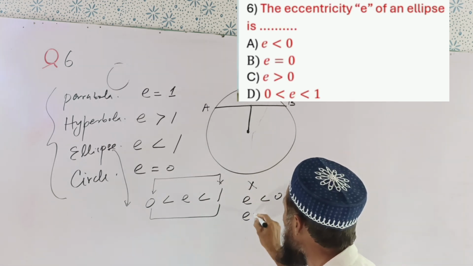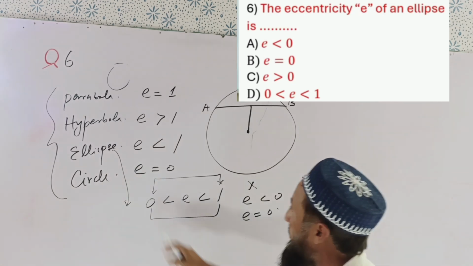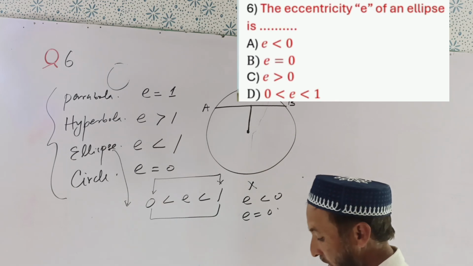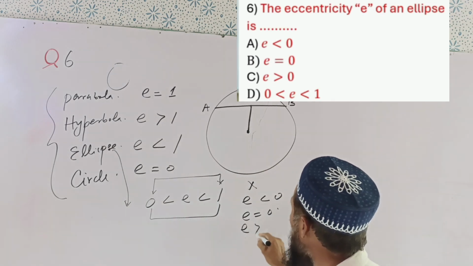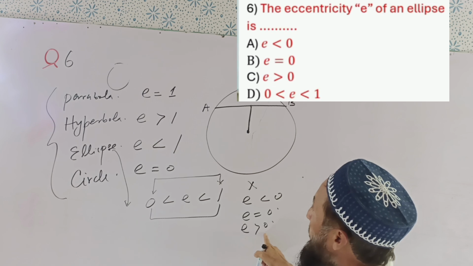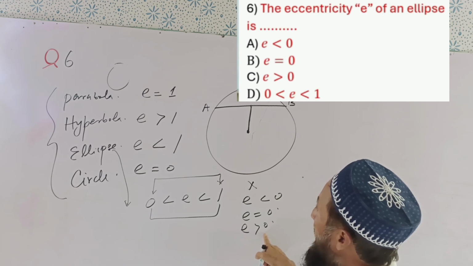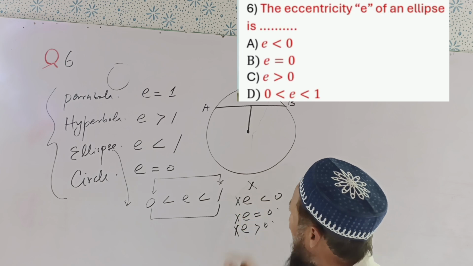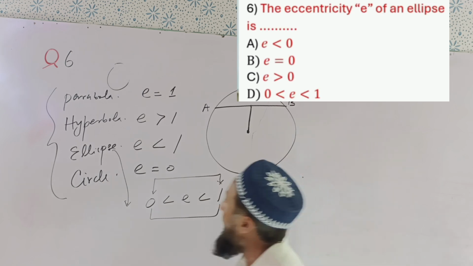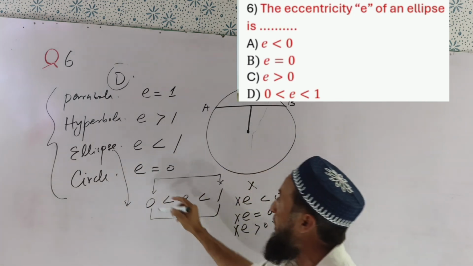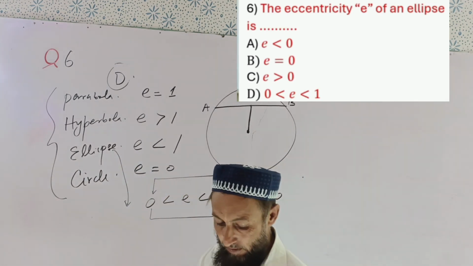If E is 0, it will be a circle, which is also not what we require. If E is greater than 0, this condition is also not satisfied. Option D is the correct option, because this condition applies for the ellipse.